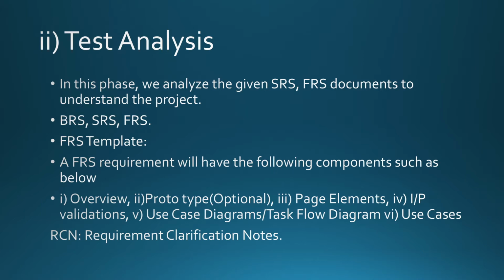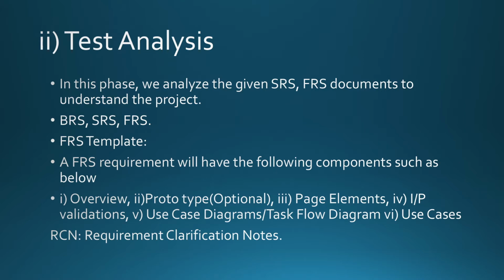If you have any questions while analyzing, we record them inside the RCN document, the requirement clarification note, and send these details to our team lead, who will briefly explain the answers. So by the end of this phase, every tester should have good knowledge about the project and what requirements are expected by the client.